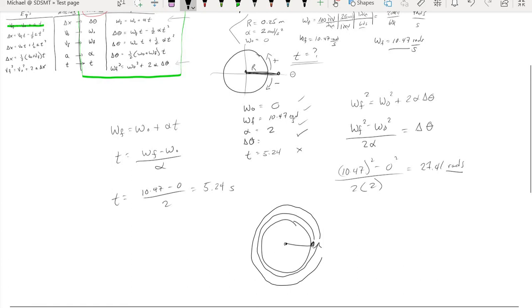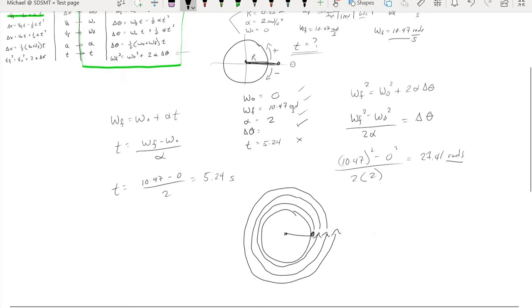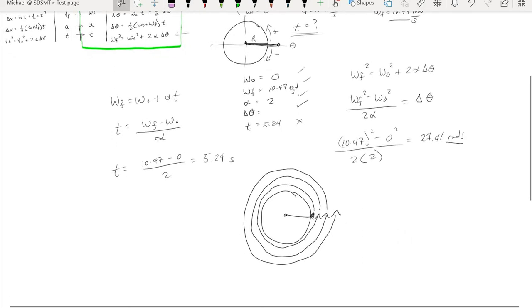But for angular motion, we can continue adding that angular displacement. We don't have to stop at 2 pi. We can go to 3 pi, 4 pi, 6 pi, 10 pi. We can go around the circle as many times as we want. And this value will effectively tell us how many times we go around the circle.